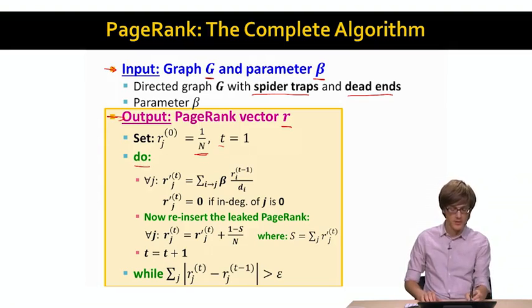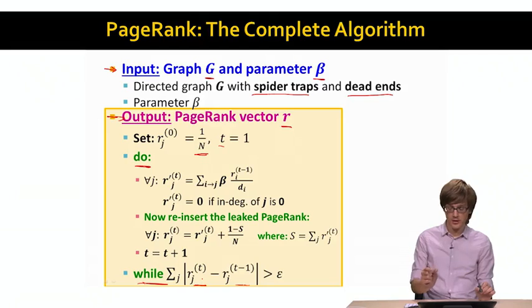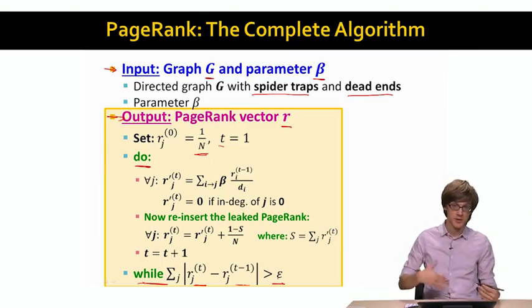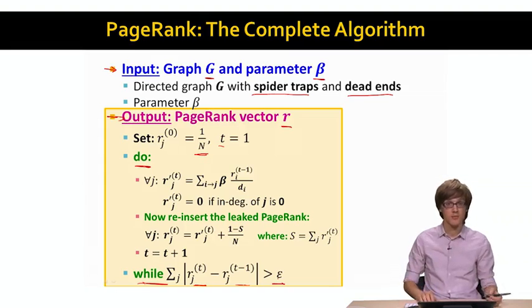Then we have a loop where we iterate until our PageRank vectors converge, which means that between time step t minus 1 and time step t, the individual entries do not change by more than some small value epsilon. This epsilon is a user-set parameter, and depending on how small this value is, this is the number of iterations the algorithm will need to converge. Okay, so now we have explained the outer loop.